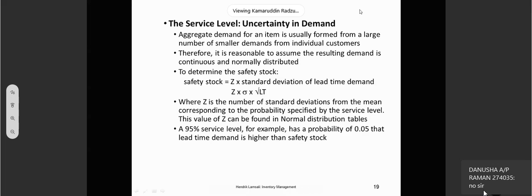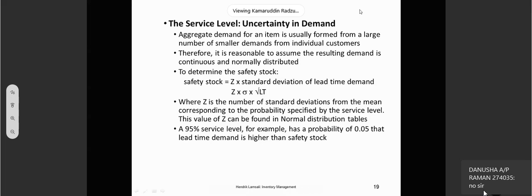So we can say that the 95% service level is the ability of the organization or company to fulfill the uncertain demand from customer. Baik, bila kita sebut 95% service level, maksudnya kita melihat kepada keupayaan organisasi untuk memenuhi permintaan yang tidak pasti daripada customer tersebut.